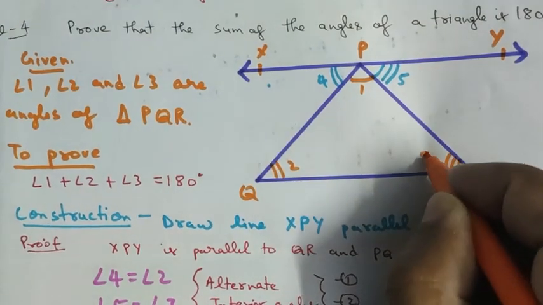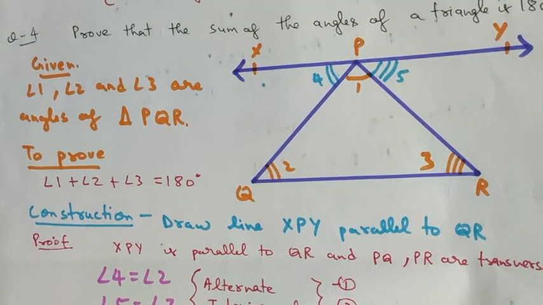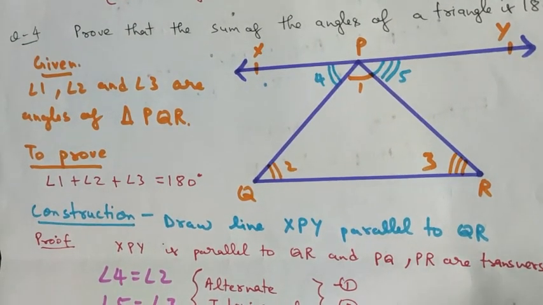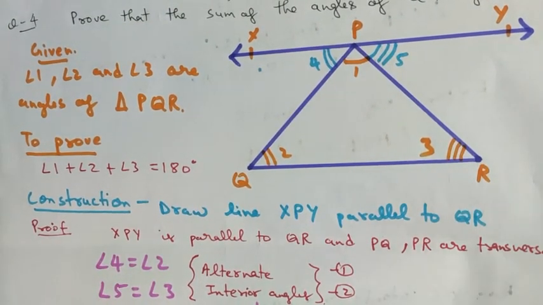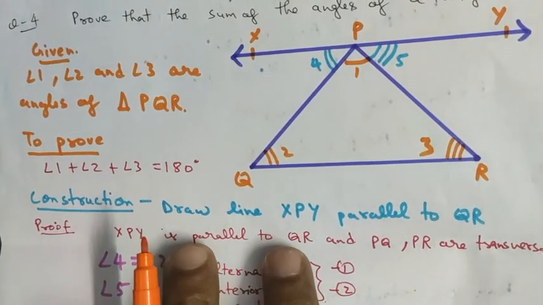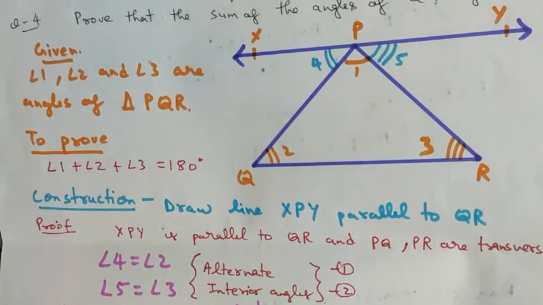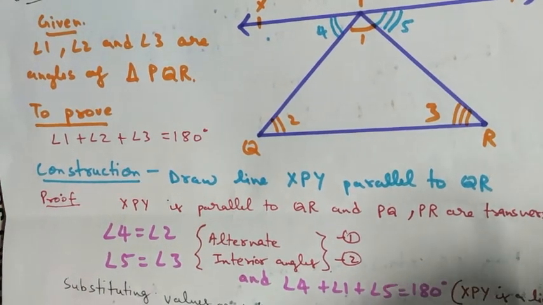Now we need to prove that angle 1 plus angle 2 plus angle 3 is equal to 180 degrees. After writing given, we write to prove, and then we start with the construction.